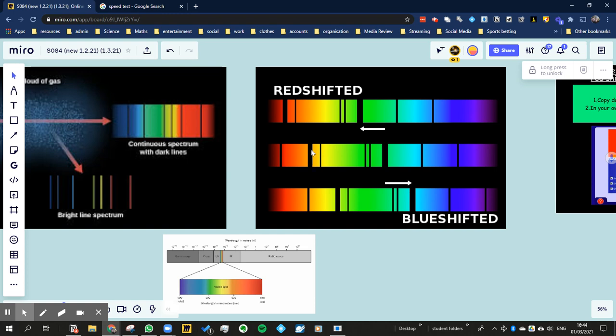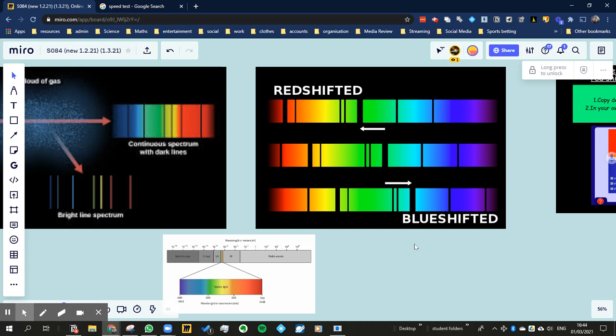In any case, this pattern is like a fingerprint that tells us what kind of star we're looking at. That was how we were able to identify when the light was redshifted, because we saw this pattern shifted towards the red end of the spectrum, which suggested that all the wavelengths it was previously emitting are now stretched, and vice versa.